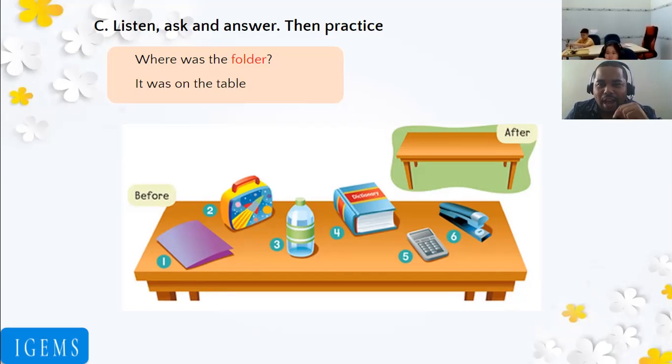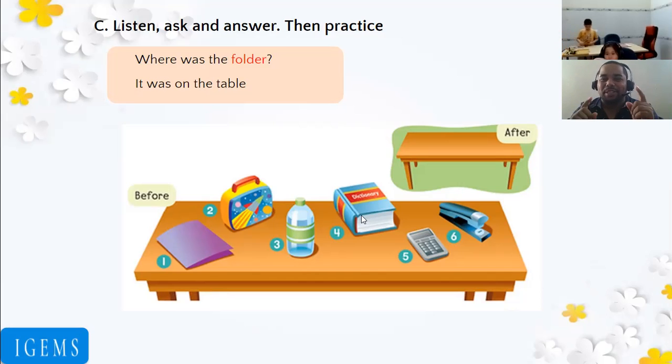Okay. You and I are going to say it together. So this way you will never forget it. Let's see. It was on the table. Let's sing it together. Okay. 1, 2, 3. It was on the table.